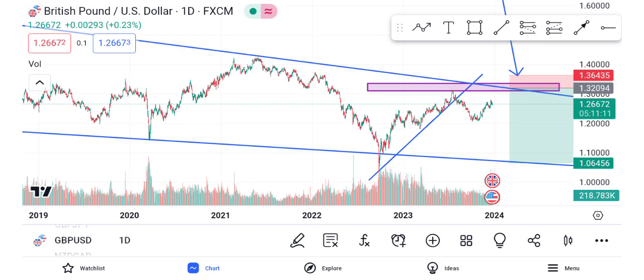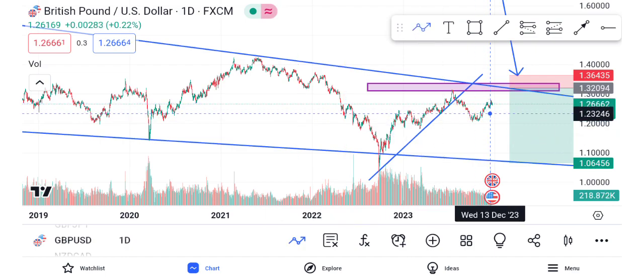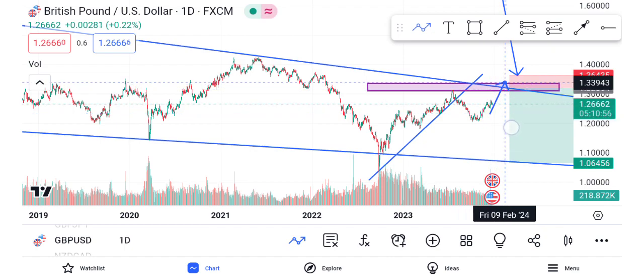So what we need now is for the price to retest back to the resistance level. Then we are going to look for a good bearish rejection candle before taking our sell entry. When the price gets to the resistance level, we look for a good bearish rejection candle.